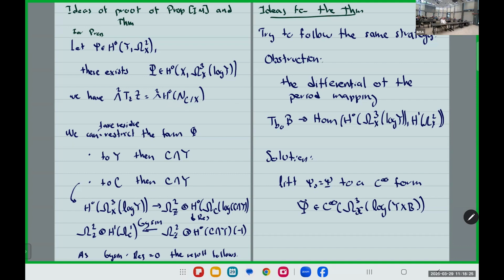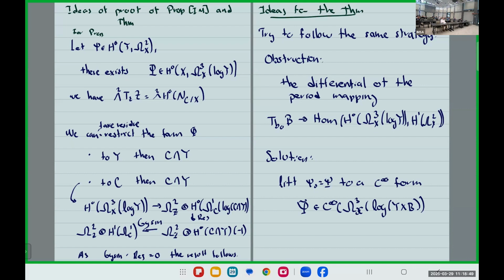So we can do two things with this. We have the 2 form, we lift it to the threefold, and in the threefold we have the curve. So we can do it in two ways. We can restrict the 3 form first to Y and then to the Y intersected with the curve, or we can restrict the 3 form to the curve and then intersect with Y.